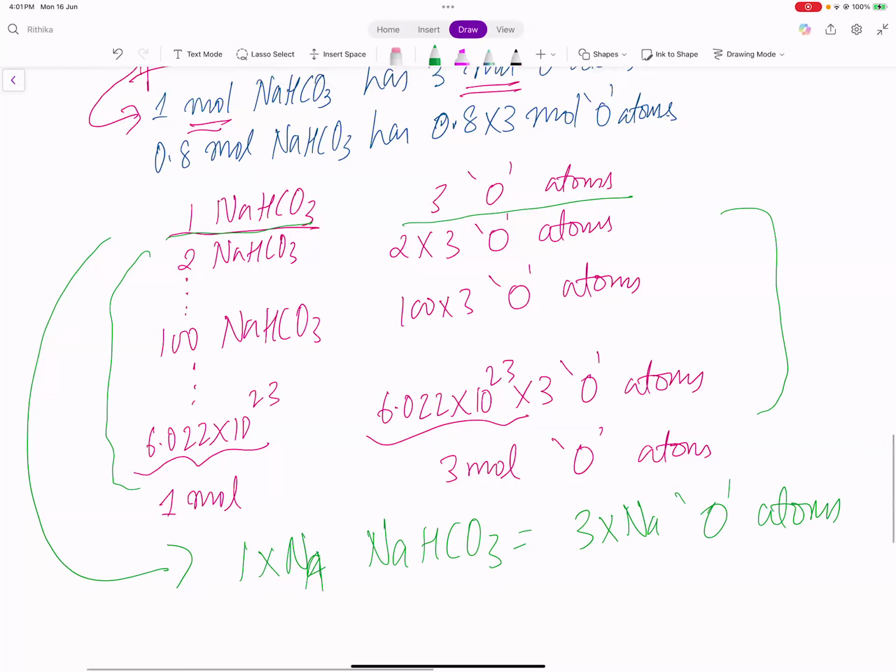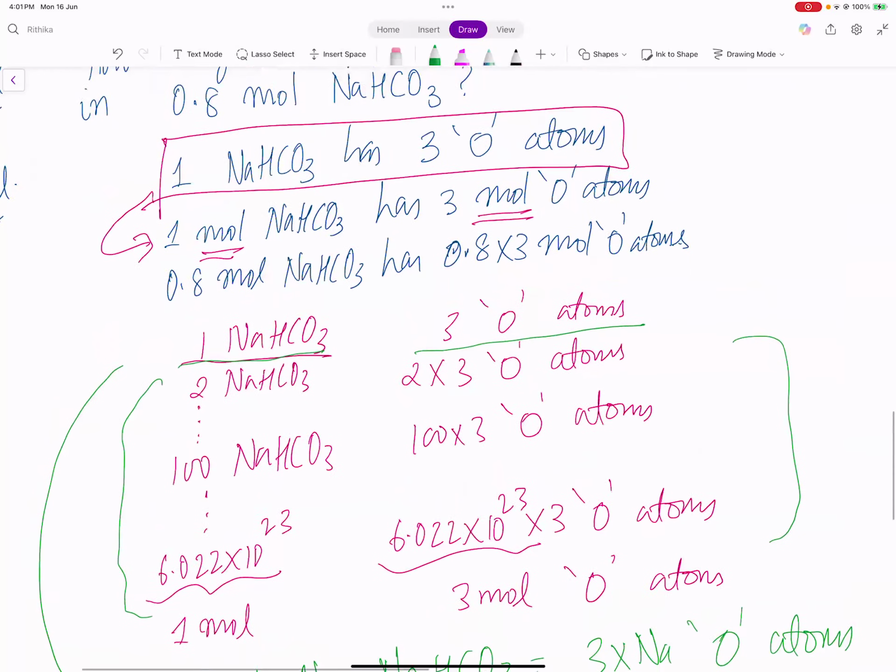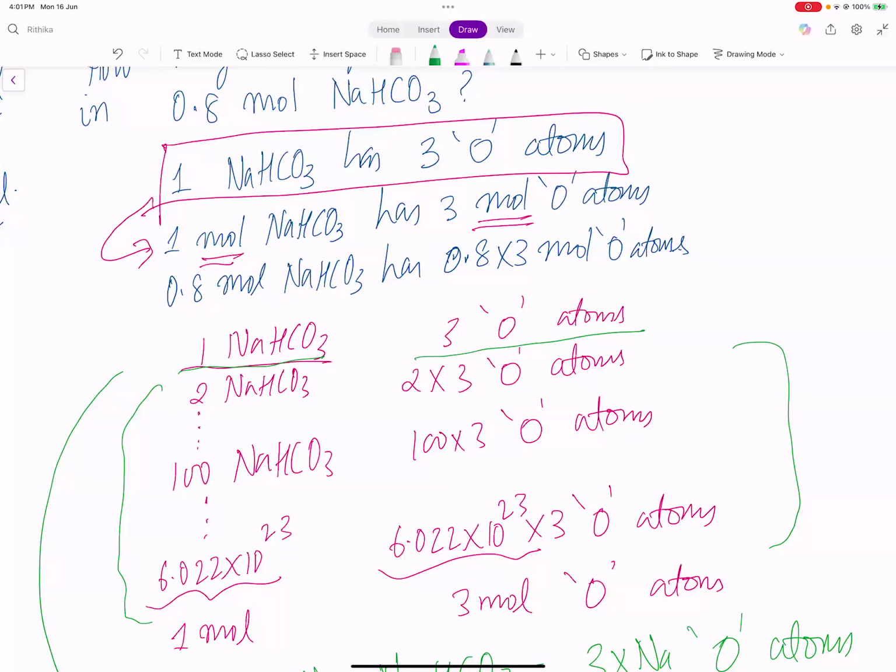So, Ritika, the main thing is that whatever we can say about one single molecule and their relative number of atoms, I can immediately switch that relationship into the mole. That is the counting principle. That is how we are going to go. So if it was 2 NaHCO3, that would be 2 mole of NaHCO3.